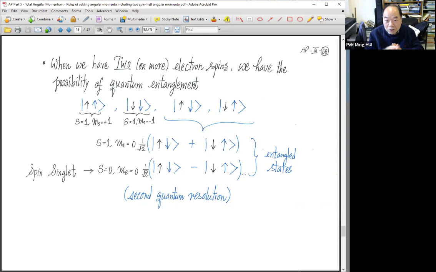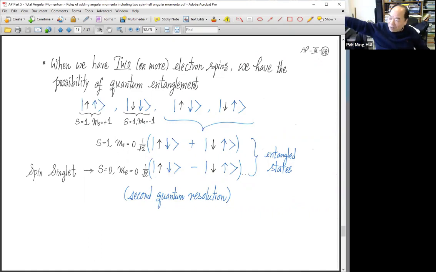There are situations where you have a source, and two photons come out in a two-photon process. Due to conservation of linear momentum, they must fly apart, but they are born in a way that their angular momentum must be either this or that. Then each one flies apart.